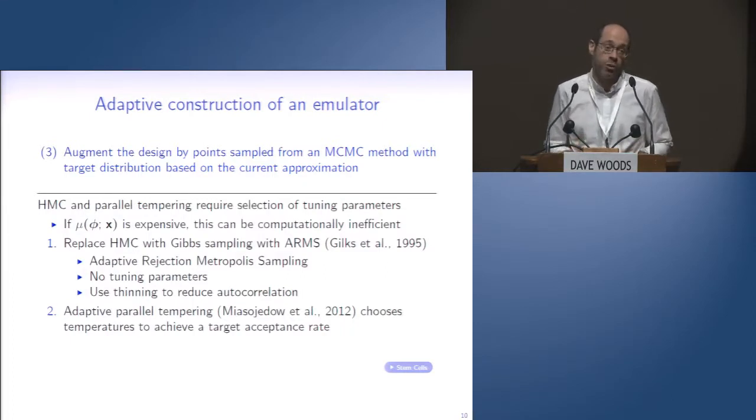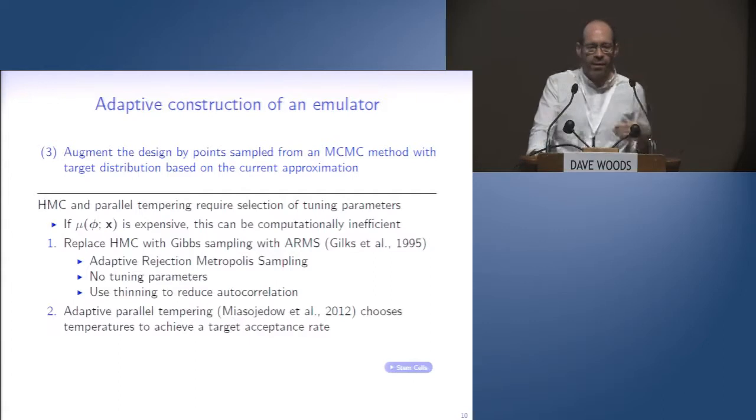So we do introduce one tuning parameter, which is the degree of the thinning that we do. For the parallel tempering, we employed the adaptive parallel tempering scheme that was recently suggested, which chooses temperatures to achieve a target acceptance rate by using the discarded iterations from the MCMC.